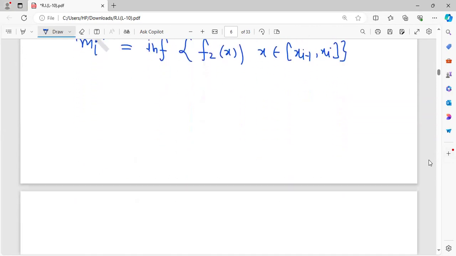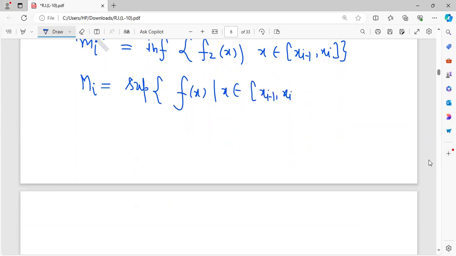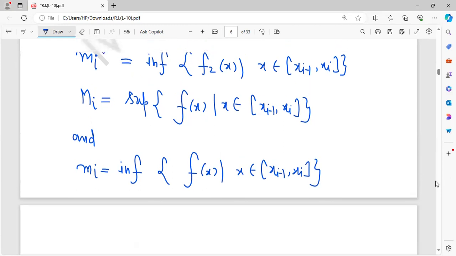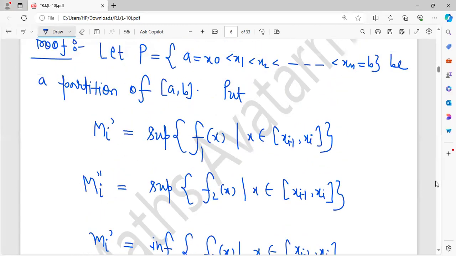And you know what capital Mi is? Capital Mi is equal to the supremum of f(x), x belongs to [xi-1, xi]. So we have this one.